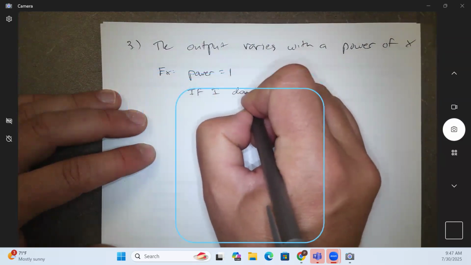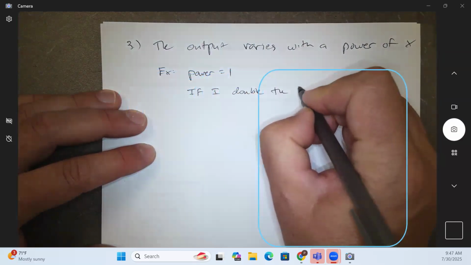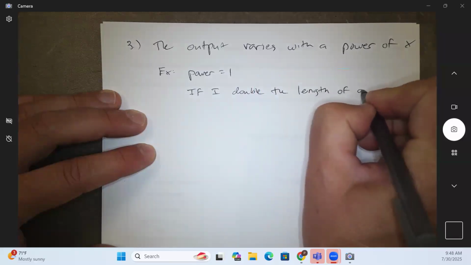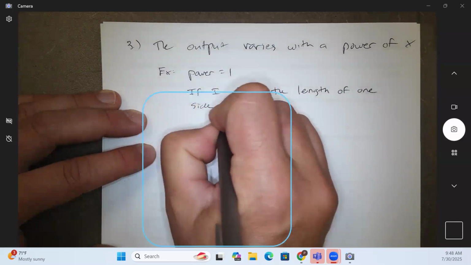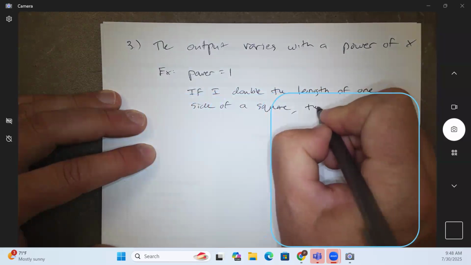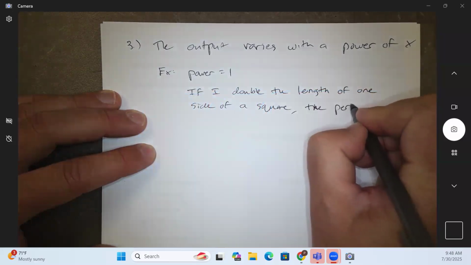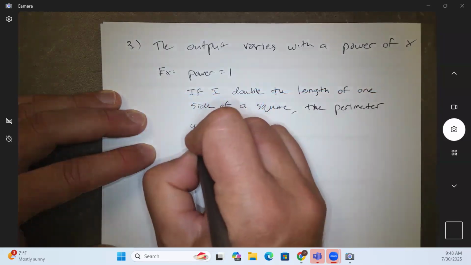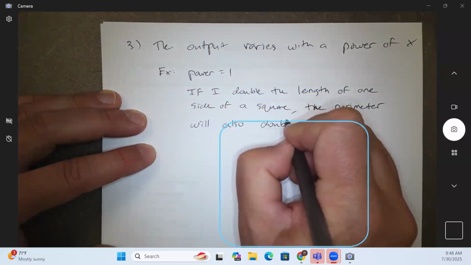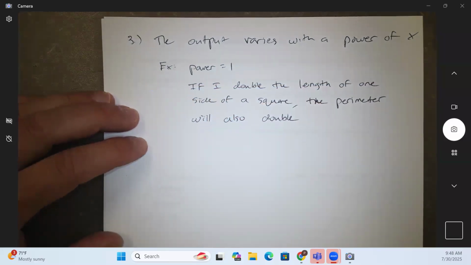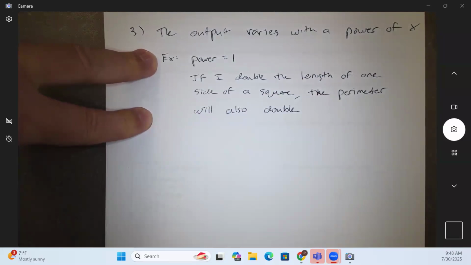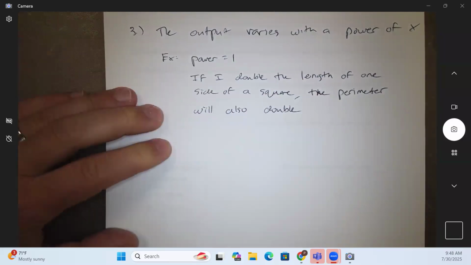If I double the length of one side of a square, the perimeter will also double. So this, again, is what we looked at in our first example where the power is 1.